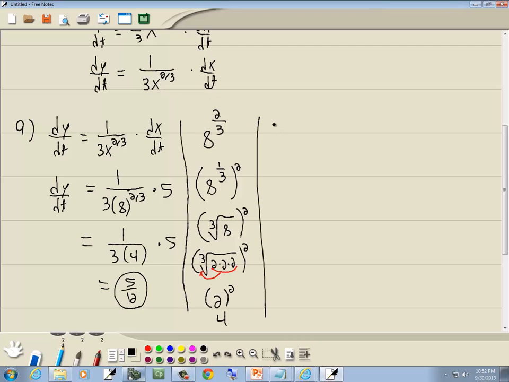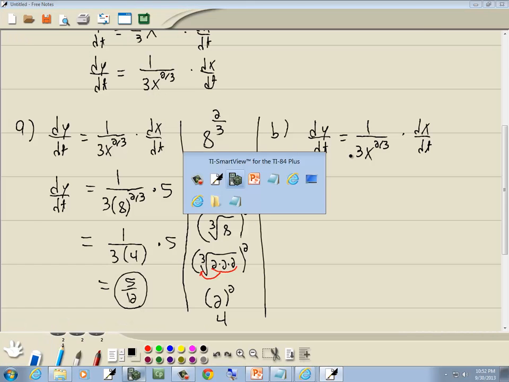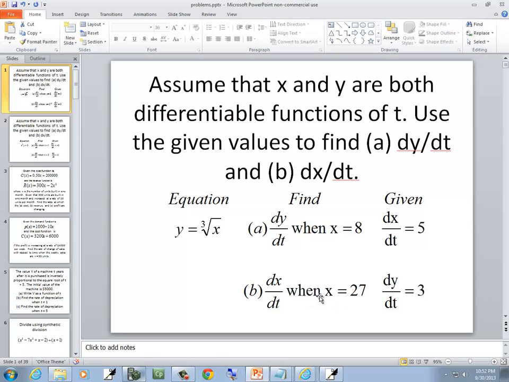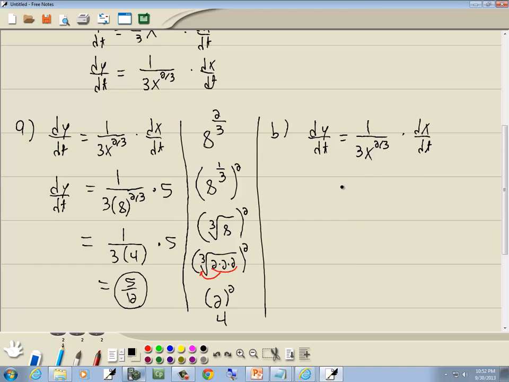Okay, part B. Let's go back to this original equation. We got dy/dt is equal to 1 over 3x to the 2/3 times dx/dt. Let's see what B says. B says x is 27, so we'll put 27 in for x.